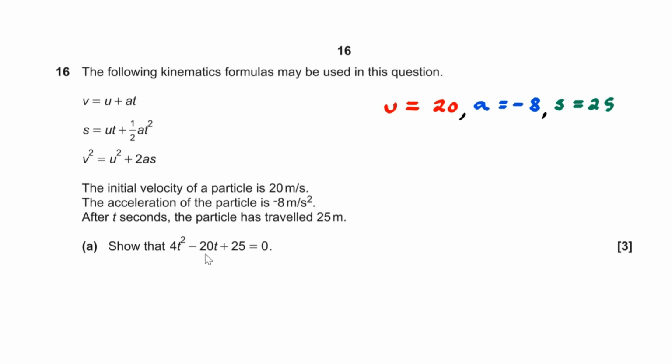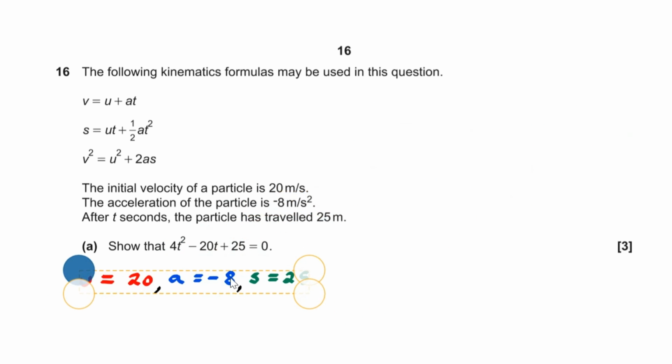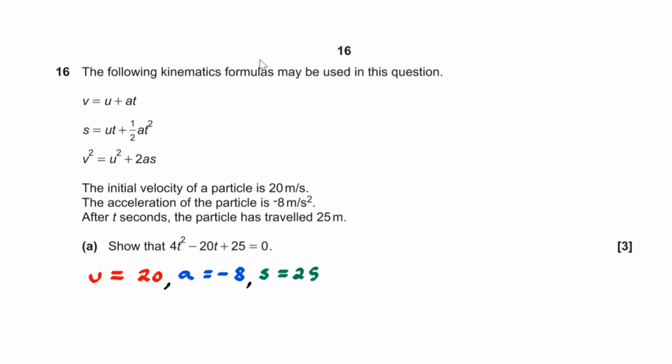Now, what we can do is substitute into s equals ut plus a half at squared. The reason we want to substitute into this, well, we have to show that involves a t squared. So if I substitute these conditions into s equals ut plus a half at squared, we've got s, which we've just said is 25.